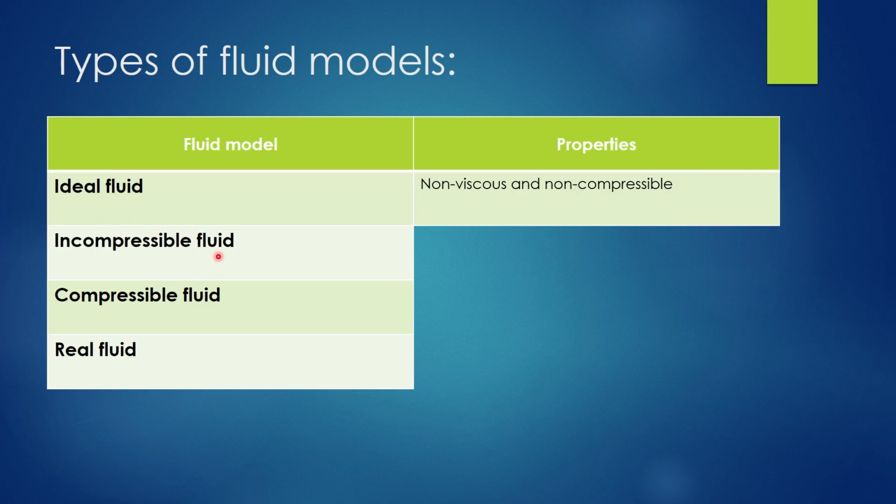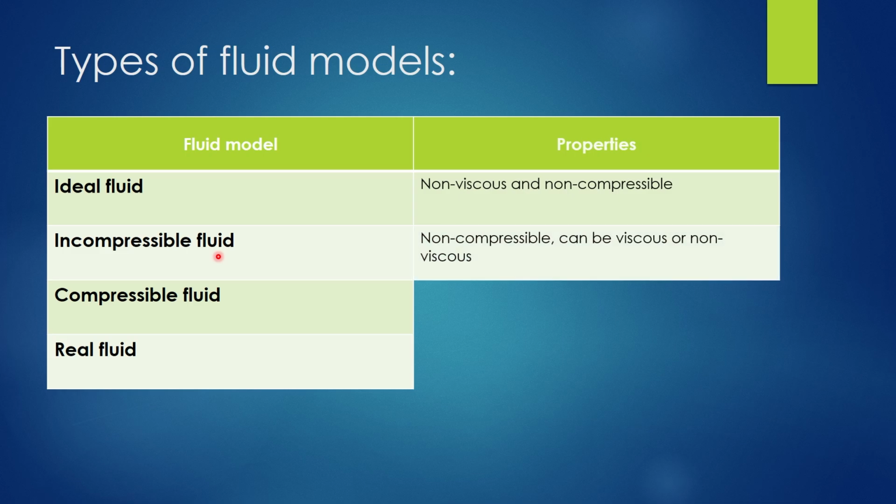An incompressible fluid, as the name suggests, is a fluid that is incompressible. In my course on hydraulics, we talk about hydraulic oils being incompressible, but the actual reality is that they are compressible. It's just that the compressibility factor is so low that we neglect it.